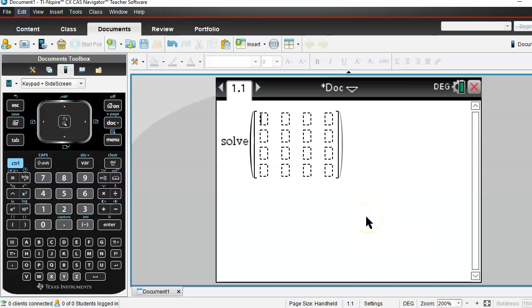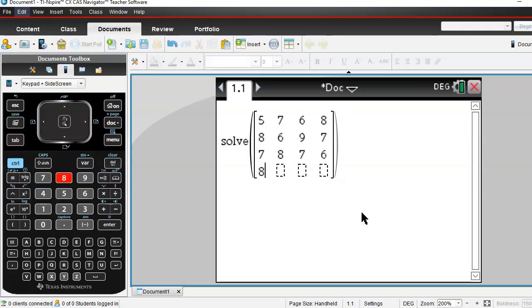So 5, 7, 6, 8, 8, 6. This is why you have to do a lot of work on your calculator to get quick, but you also have to be accurate.